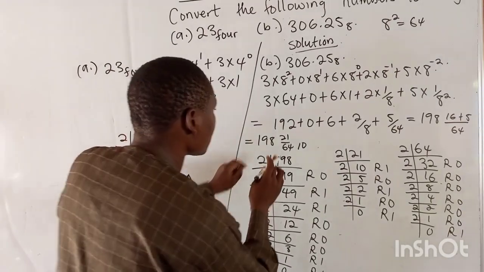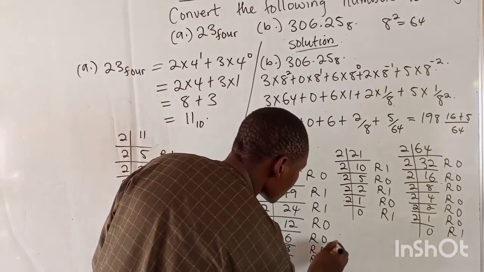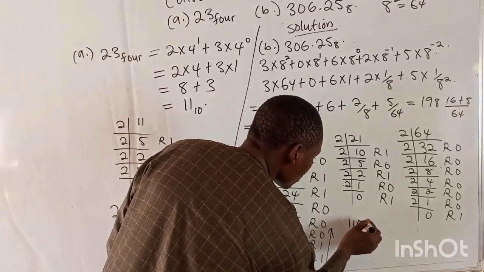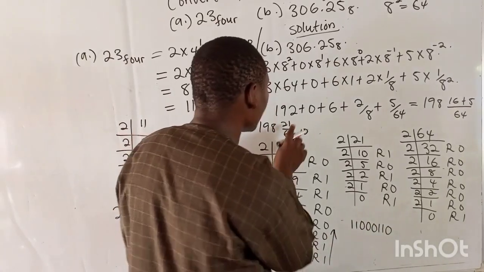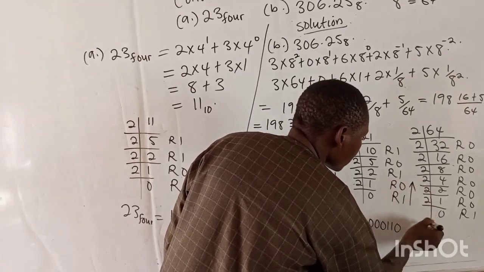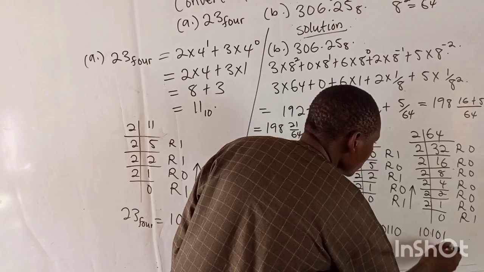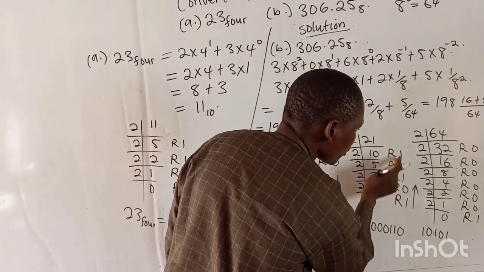Now looking at this number, the binary number of 198 is 11000110. Now the binary number for 21, we have 10101.